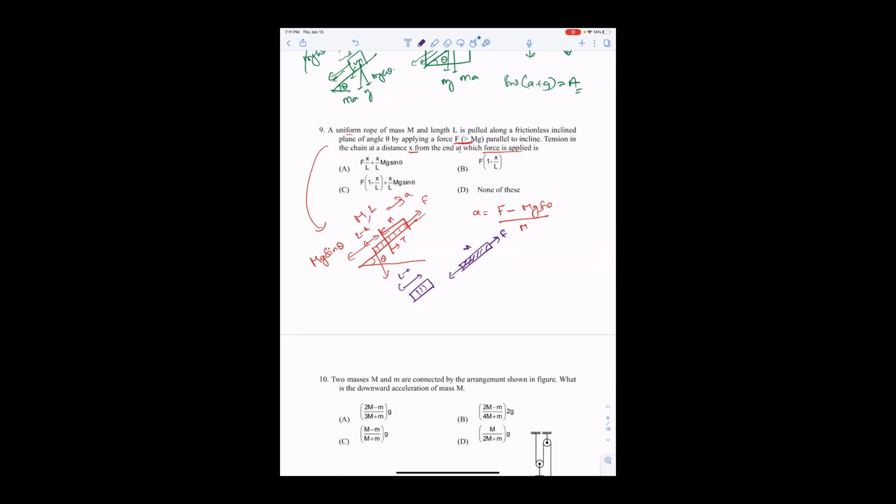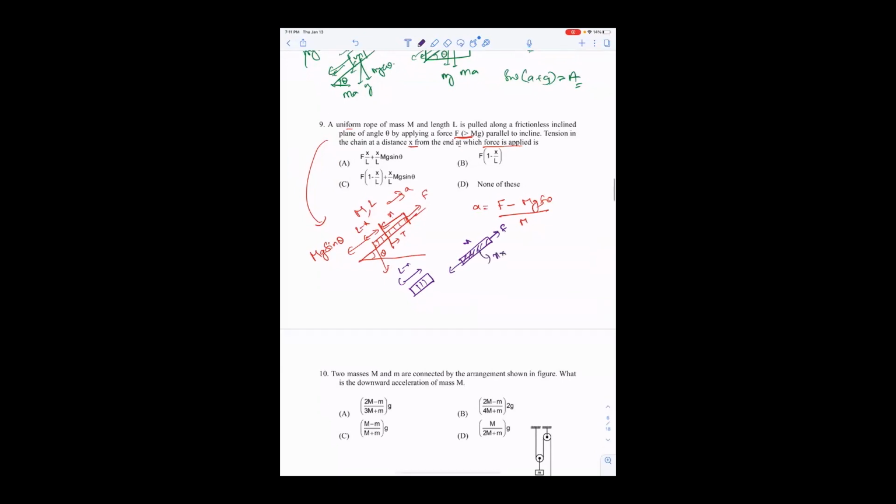So the length is x. What is the mass of it? Mass of it is length into mass per unit length. Mass per unit length is m by L. So the mass of this is mx by L, and the weight is mx by L into g sine theta.